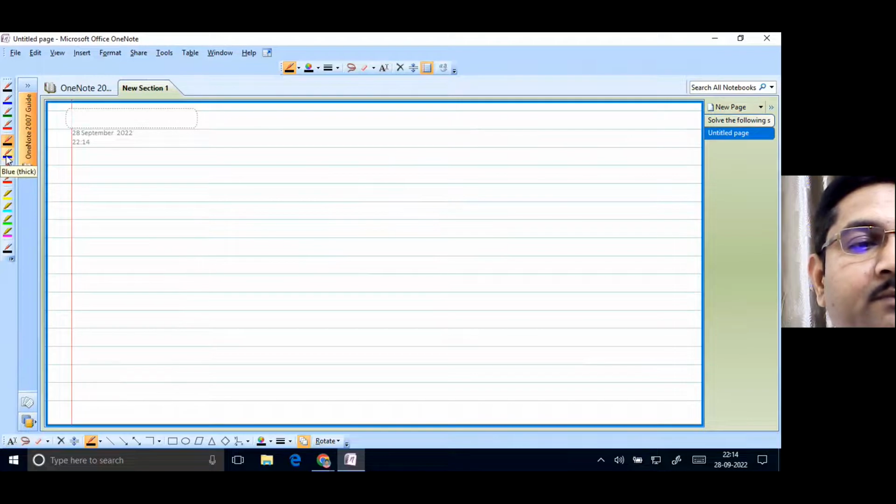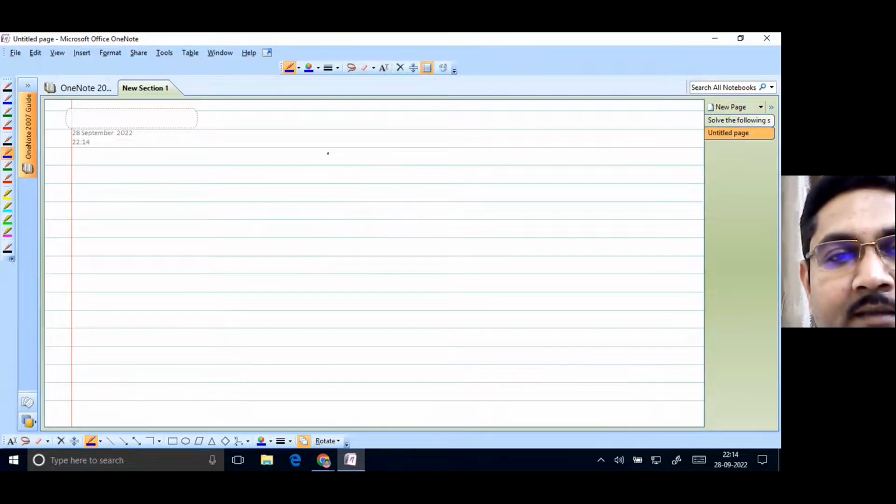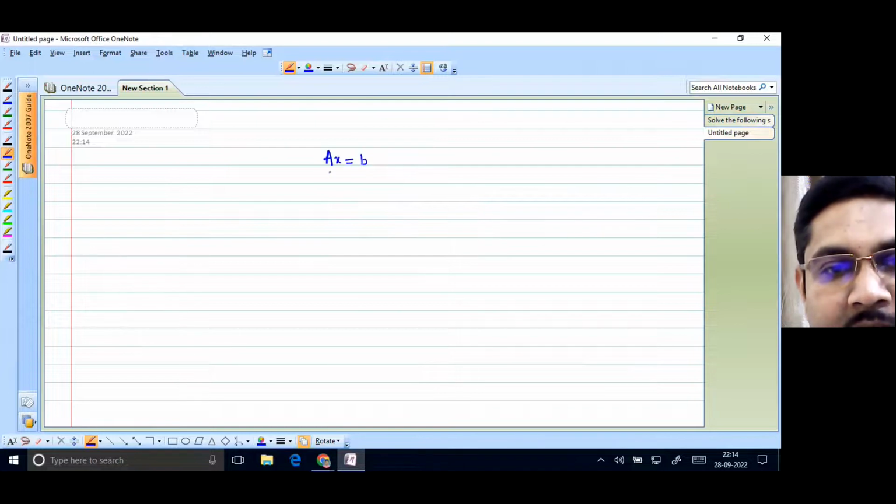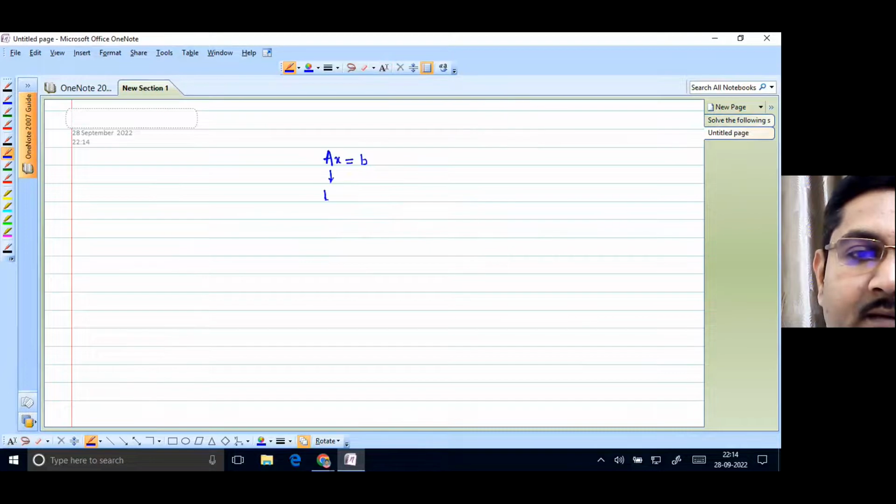LU decomposition method. So suppose I write the system in the form of AX equal to B. Suppose, if possible, I will decompose A as a product of L, where L stands for lower triangular matrix, and U, where U stands for upper triangular matrix.